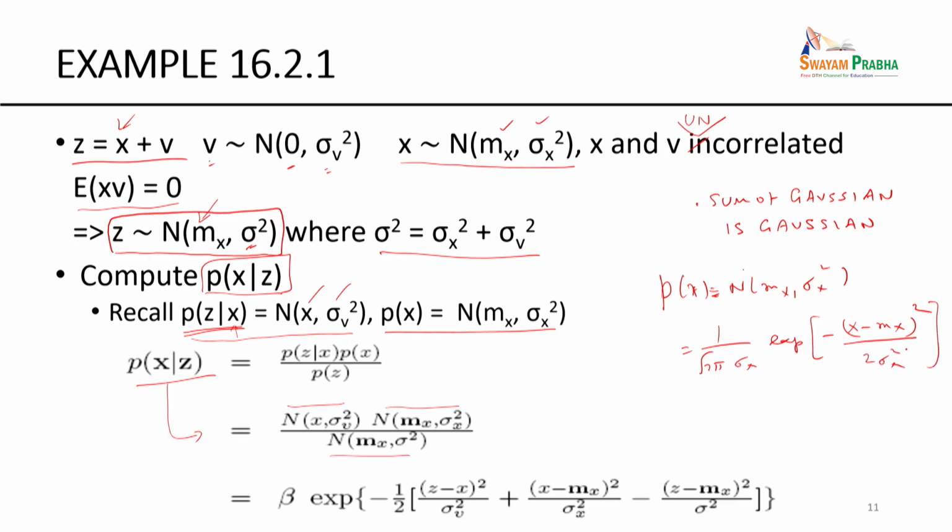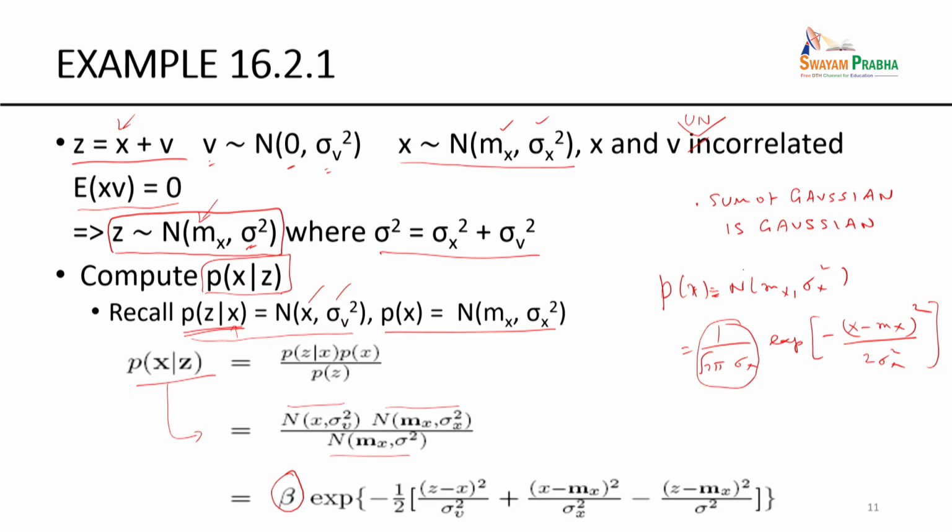This is the formula that comes in. So each of these will have a factor like that. There is a constant 1 over 2 pi sigma x, sigma v, square root of sigma square x plus sigma square v. Those are all constants. I am going to club all the constants into one single constant called beta.